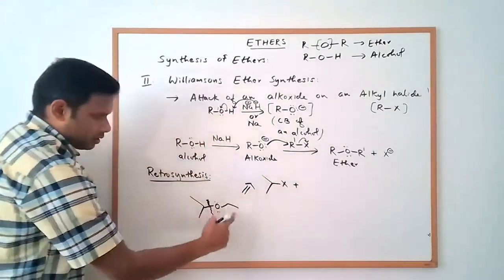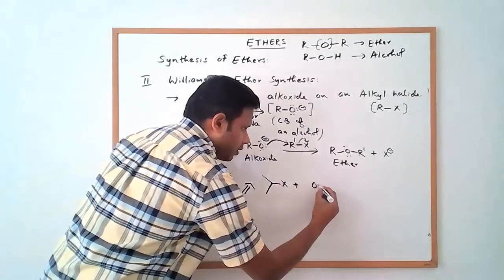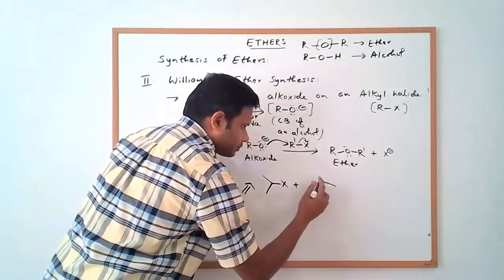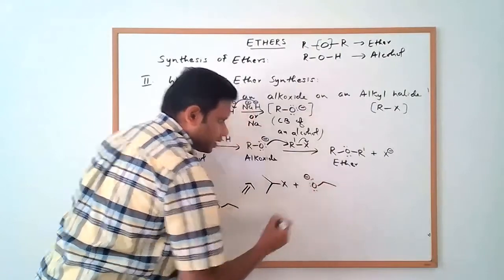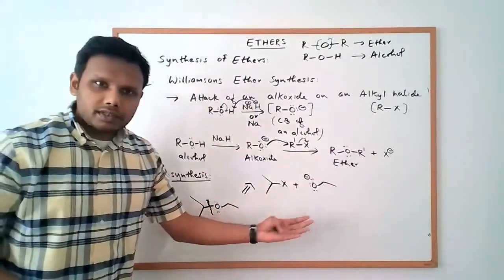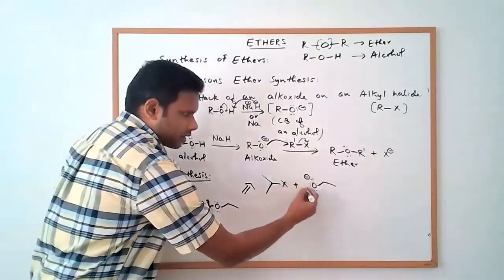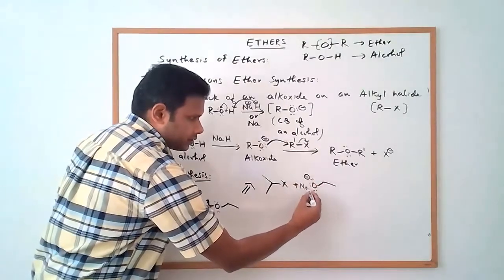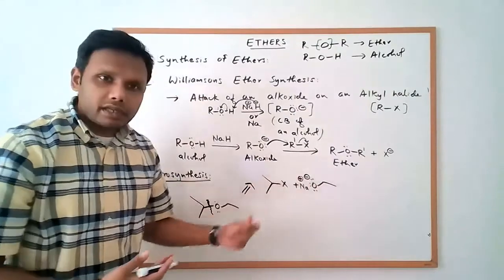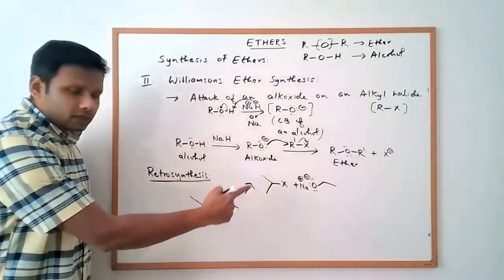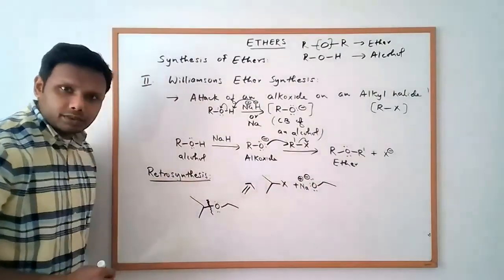Plus, the other part is the alkoxide, like that. That's one disconnection. And again, since I have the O- here, this must be with some cation to stabilize that charge. So that's one disconnection possibility.